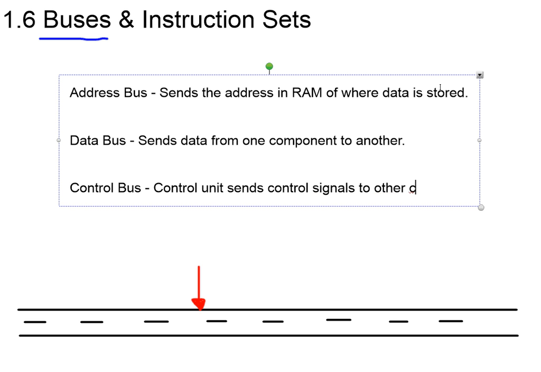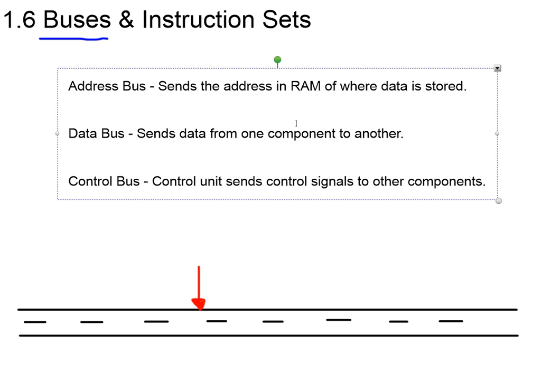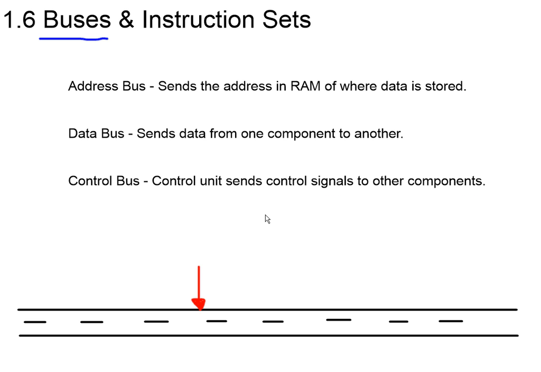We talked about how the control unit controls the other parts of the system and of the CPU. So the control unit can send those control signals to other components. These are the 3 different pathways inside a computer: address, data, and control, all sending different values.